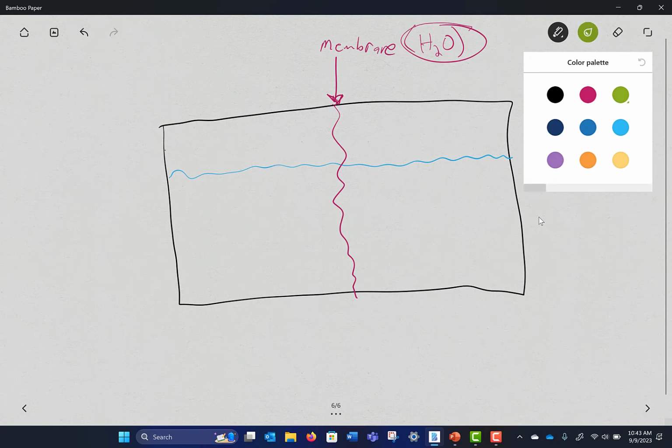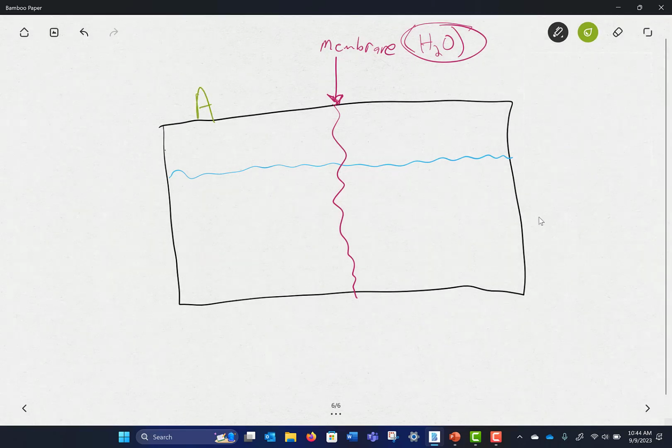So we have solution A on one side and solution B on the other side. And we're going to say that solution A is a 20% sodium solution.